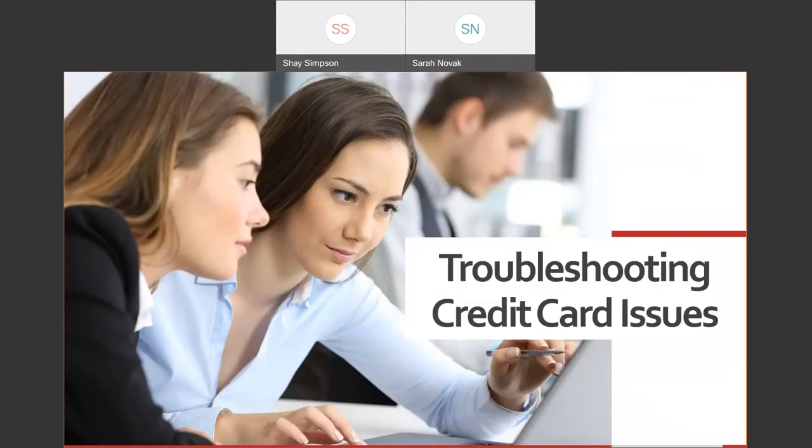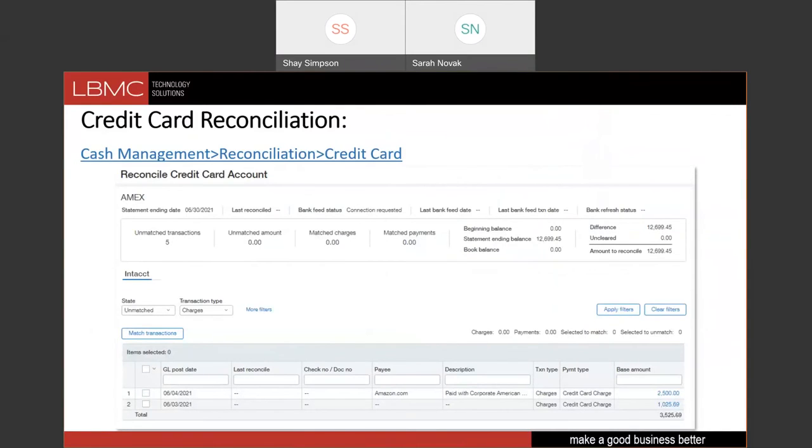Right. And then the second question is, if using a credit card feed, can you create an entry from a missed transaction? Yes, you can. So if we go back to the same functionality that we actually saw in the banking transactions as well.